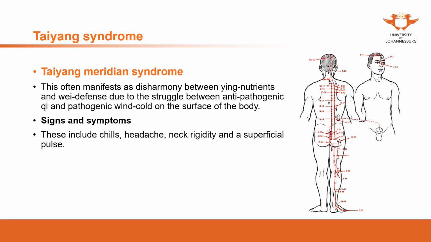This is the disharmony between the ying and wei defensive qi. This is the initial stage when a pathogen invades our body. The patient may present with chills, headache, neck rigidity, superficial pulse, or floating pulse.